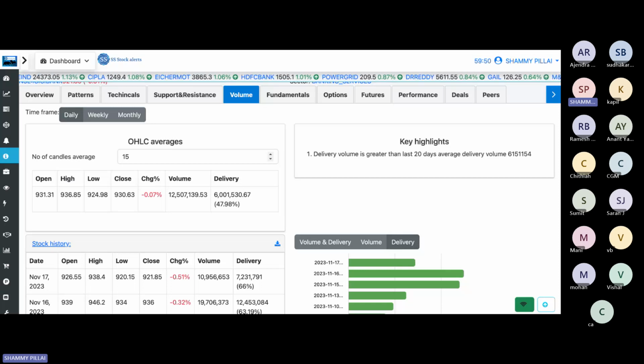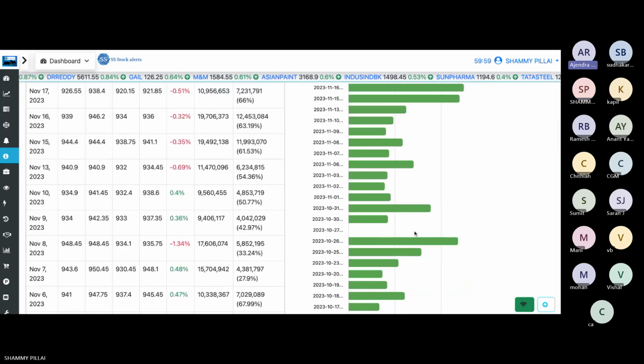Hope you all know that to even move 1 rupee, you should have a 5 lakhs volume. 5 lakhs volume cannot be made by people like us. It should be backed by big players or an operator or an FII or an institutional trader or a professional trader. So we cannot generate such volumes.